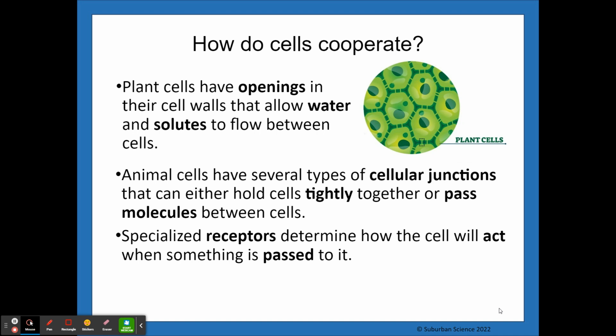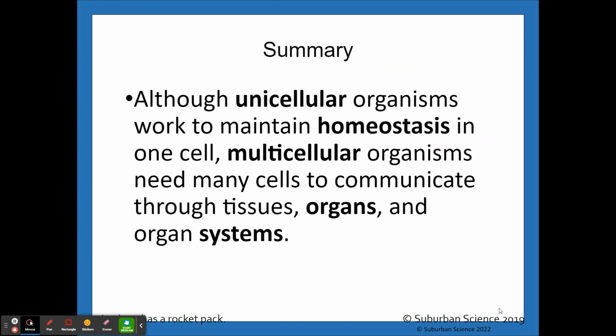With these specialized receptors, it helps determine how the cell will act when something is passing to it. Collectively, although unicellular organisms work to maintain homeostasis in one cell, multicellular organisms need many cells to communicate through tissues, organs, and organ systems.